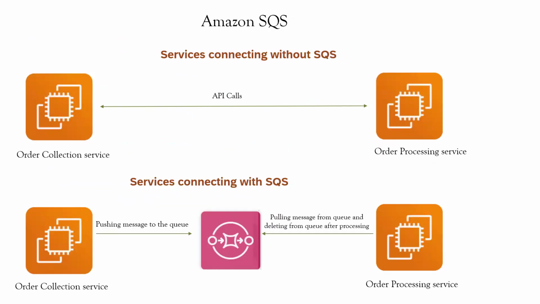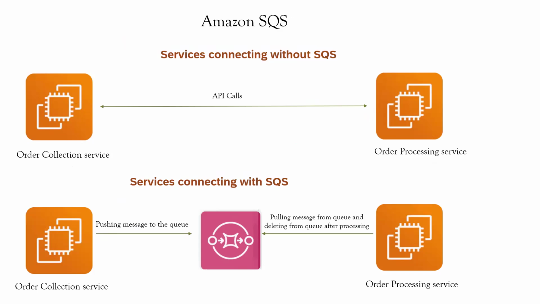With this image we can understand better. When there is no SQS queue and two different services are connected, one API service will call the other API service, and if that fails, we have to write some custom logic to retry.